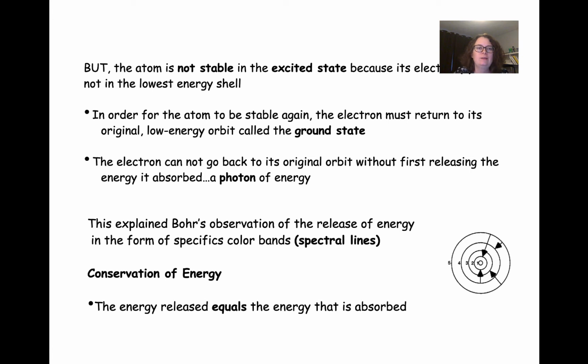However, once those electrons are out of the ground state and in the excited state, the atom is not stable. The ground state is the most stable form of the atom, and if we're in the excited state, the atom isn't as stable anymore. So in order for the atom to be stable again, the electrons have to go back to their original ground state.